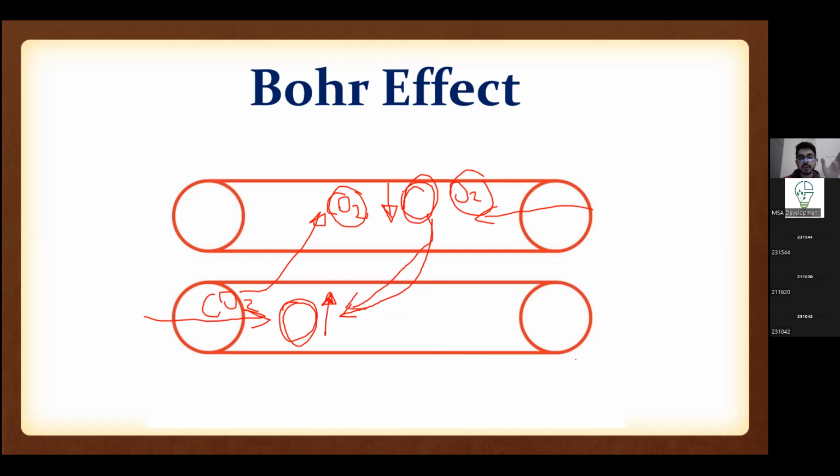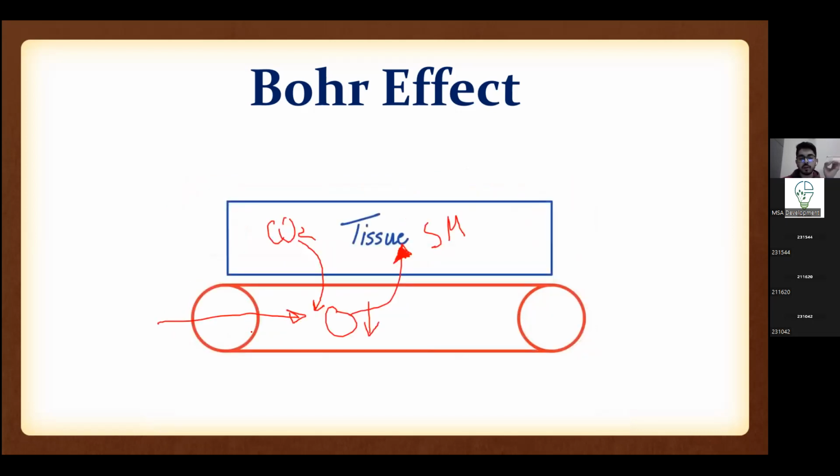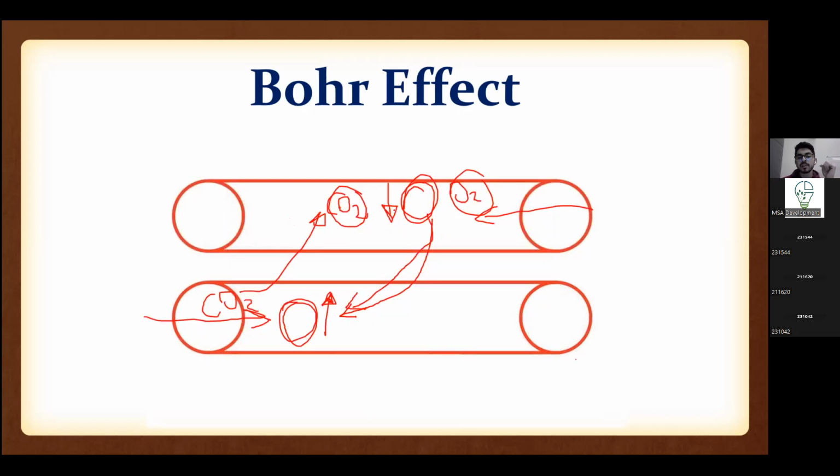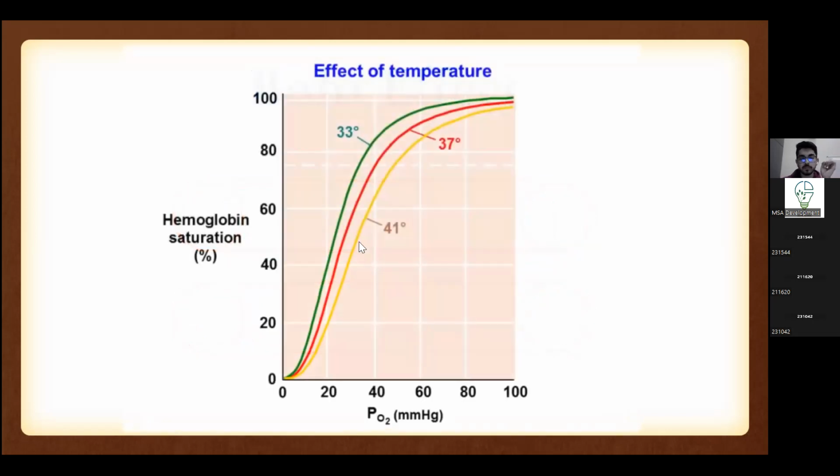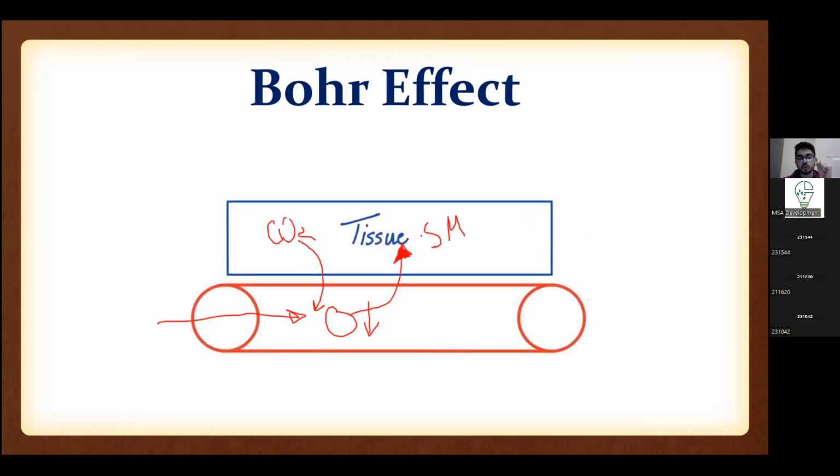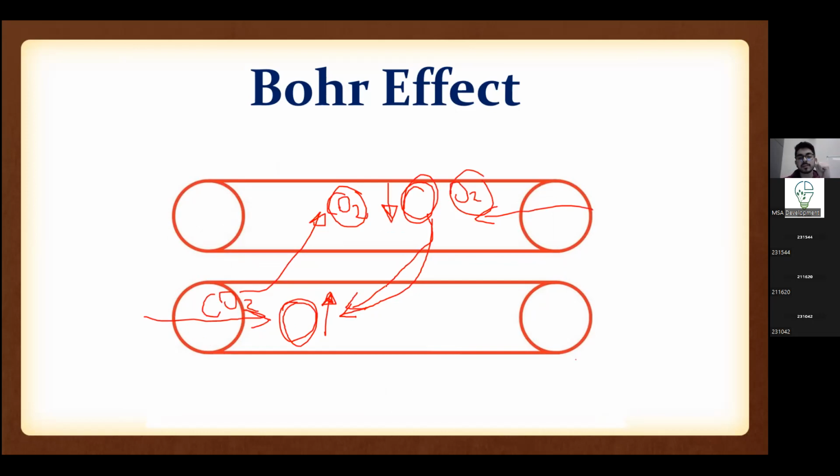You can think of it as the blood of the tissue. Here the blood is getting its CO2 from the tissue, but in this example the blood is getting the CO2 from the baby, and it's giving out the O2 to the baby instead of giving it out to the skeletal muscle.